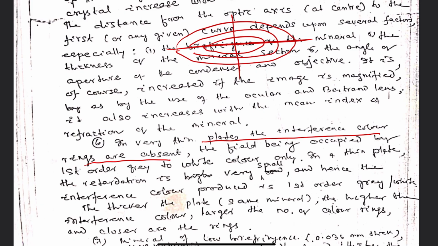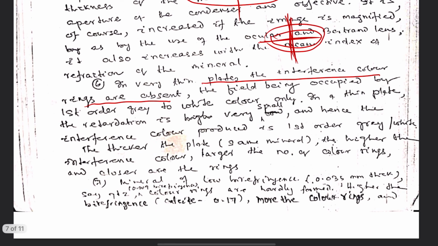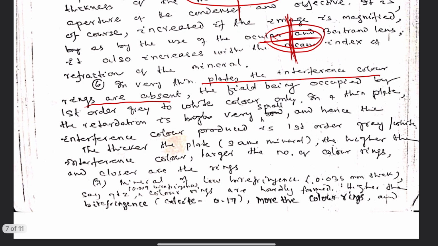If the thickness is very low, very thin, in that case few rings or no ring may be seen, but this isogyre will be seen. Rings may not be seen, or the number of rings will be less, if the birefringence value is low and thickness is low.